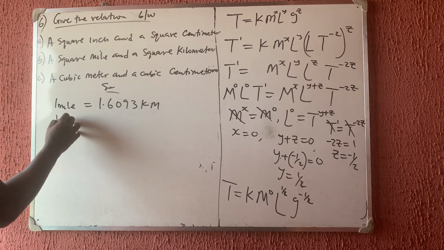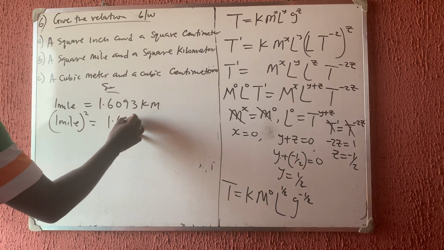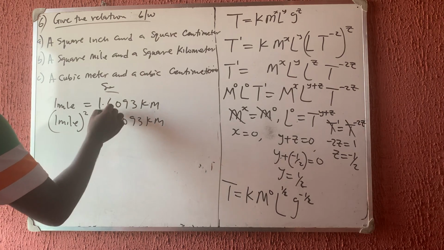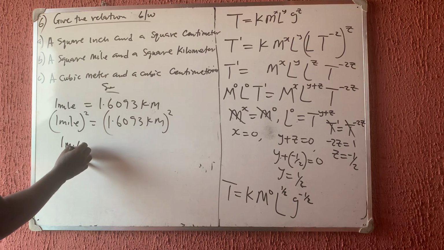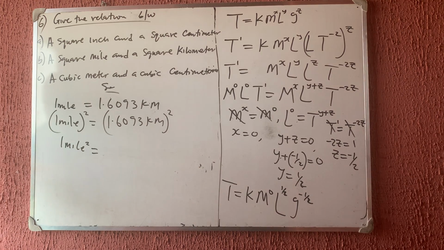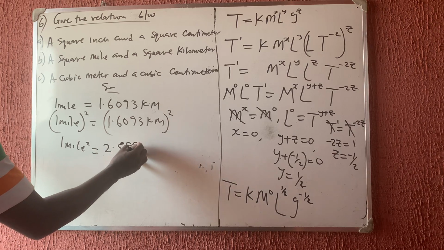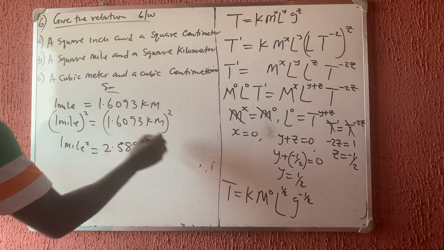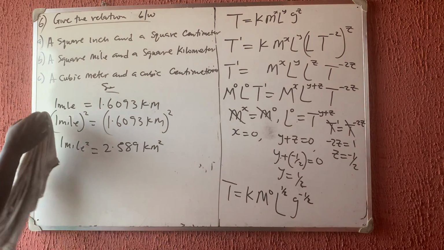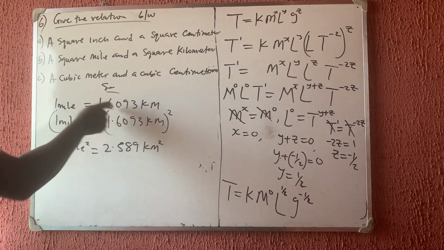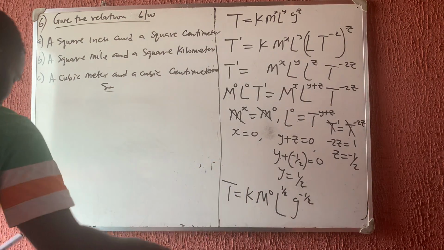So 1 mile all squared will now be 1.6093 km all squared. 1 squared is 1, so I have 1 mile squared, and this squared will give you 2.589 kilometer squared. So that is that. We'll move to the next one. The only problem is to know their relationship. Once you know their relationship, you are good to go.